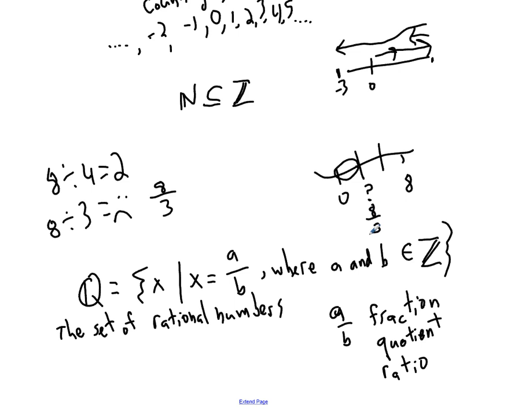So 8/3 is a rational number, 2 is a rational number. Anything that we could write as a ratio of integers. So something like -7 to 6, integer, that's a rational number. -15 to -25, integer, rational number. Now, when we describe rational numbers, it's nice to have one number per spot on the number line.